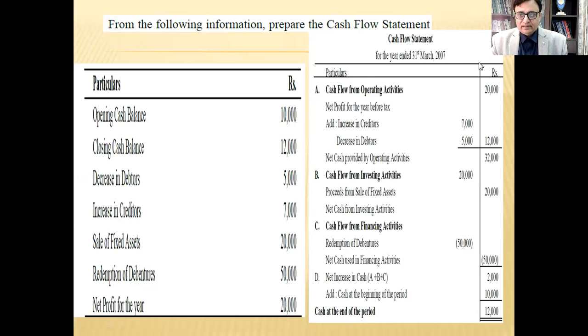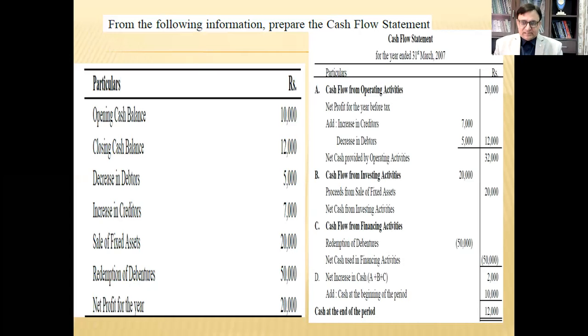So we will consider them one by one. So this is one example. On the left side of your screen, you have one question, which is a very short question. And I think when we proceed to prepare the statement of cash flows, we will start from some simple problems so that we can understand the practical aspects in a very easy manner.